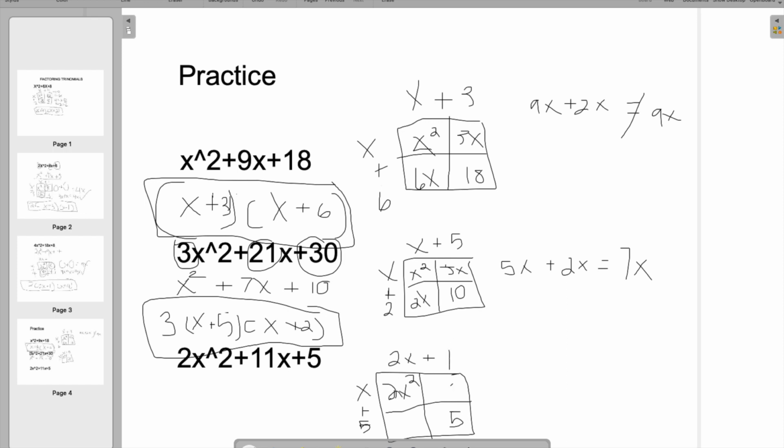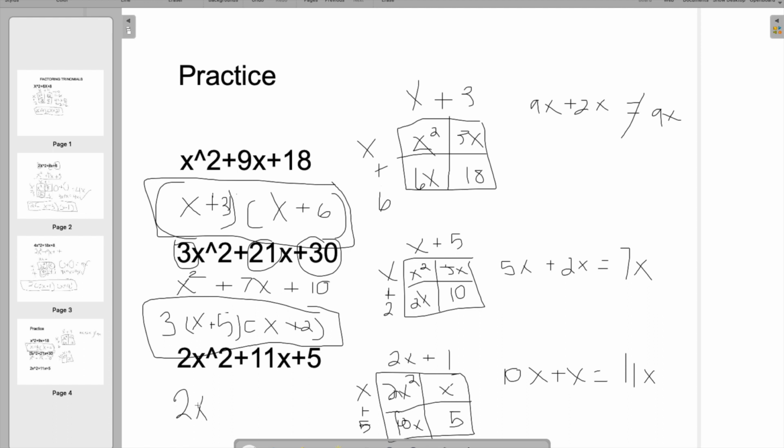And then I'm going to try out 5 and 1 as my first. And then 1 times x is x, and then 2x times 5 is 10x. Since 10x plus x equals 11x, which is the middle number, this is the answer.